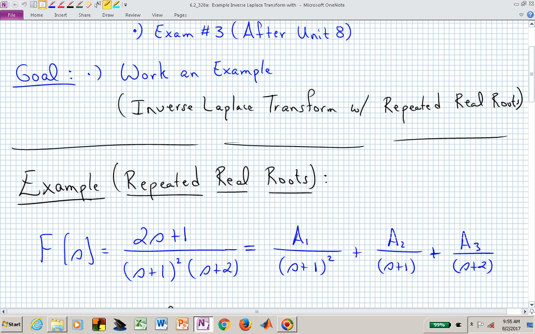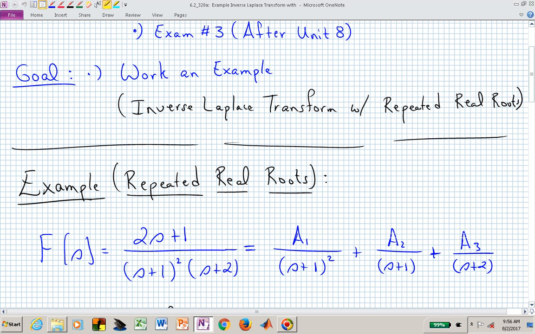We have an A1 sitting on top of the full repeated roots at s equal to minus 1. We have s plus 1, that quantity squared, and then we just keep decreasing the power on that s plus 1 factor until we get down to a power of 1.